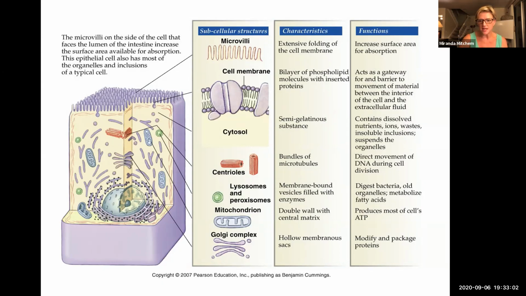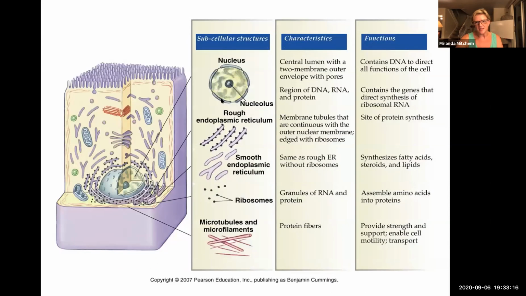But please take a look. You've got figures in your book. These are from an earlier version of the textbook, but they're essentially the same as what is in the current textbook. And then it continues on, right? We've got more different subcellular structures and their corresponding characteristics and functions.